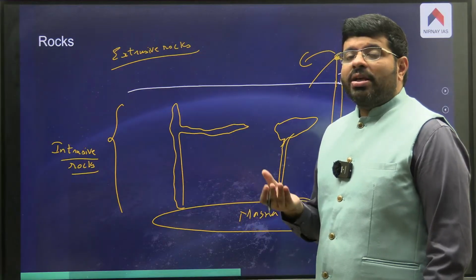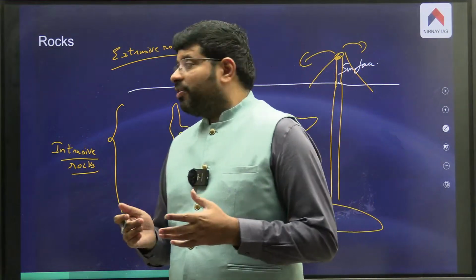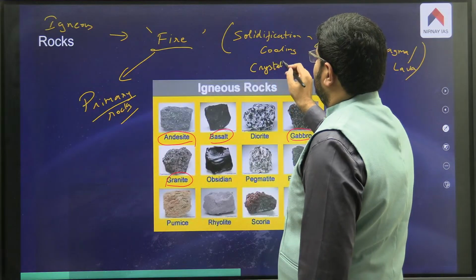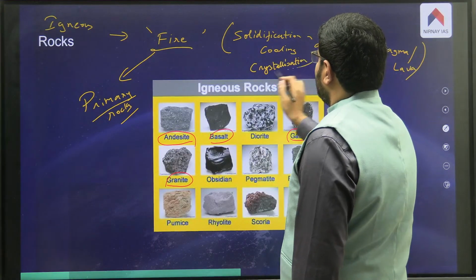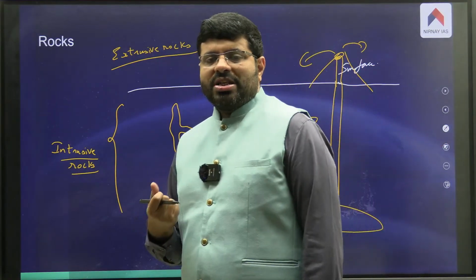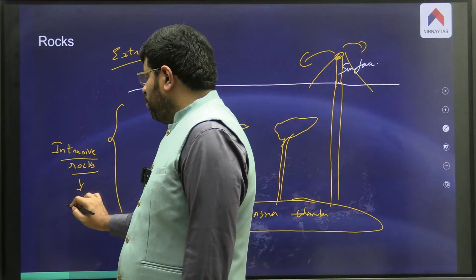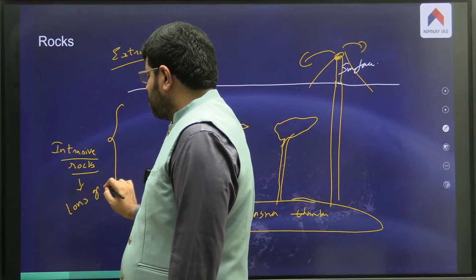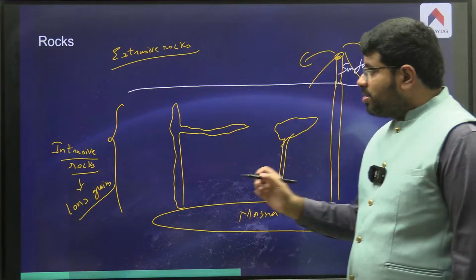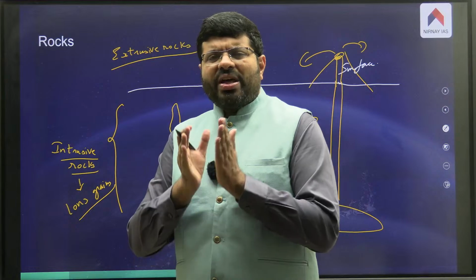So the time taken to cool down, to solidify, and for crystallization to occur is more. When crystallization has more time, that is when we tend to have long grains. Relatively, extrusive rocks have small grains. Because of these long grains and more time taken to cool down, they have become very, very rock solid.